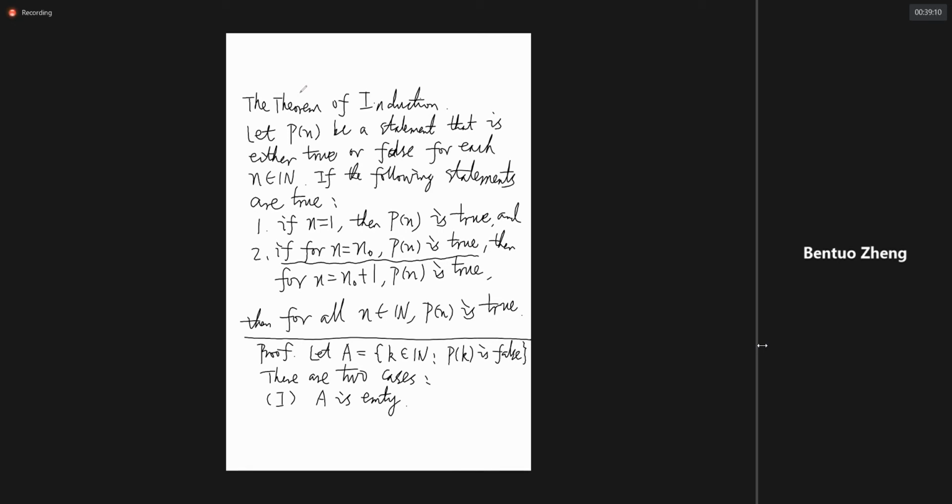In other words, A has no member. No member is in A. So if A is empty, what does it mean? No natural number satisfies Pk is false. So in other words, for all natural numbers, Pk is true, right?